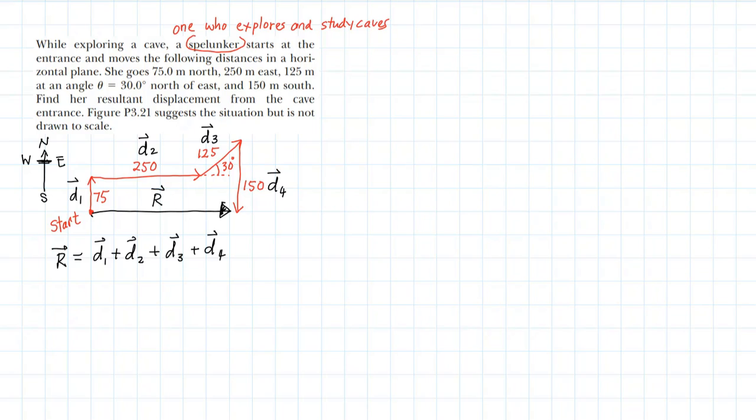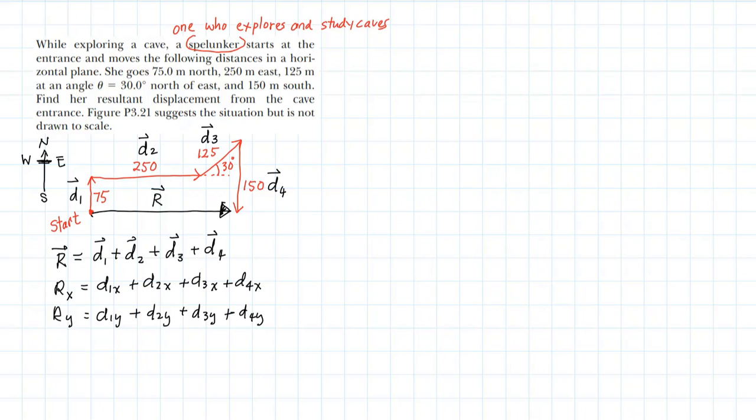We do the vector addition using the component method. We find the components of each displacement vector, and then add all the like components to get the resultant component vectors.